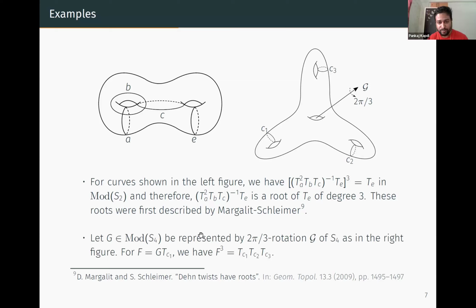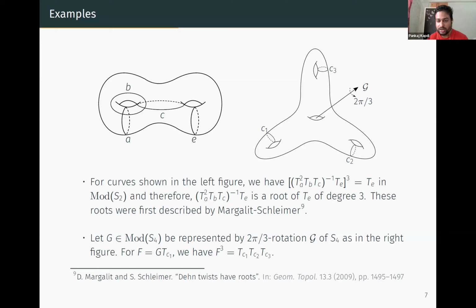The idea is that to construct these roots, you take periodic maps, then take some orbits of those periodic maps of the same size, remove disks around those orbits and attach annuli by twisting them. For example, in the right-hand side figure, you take an order 3 free rotation of the torus, and you take 2 orbits of size 3.